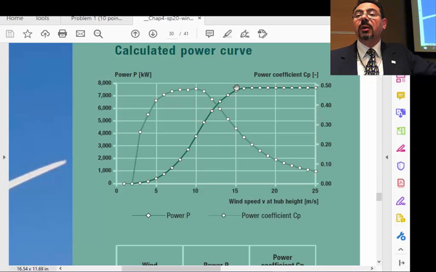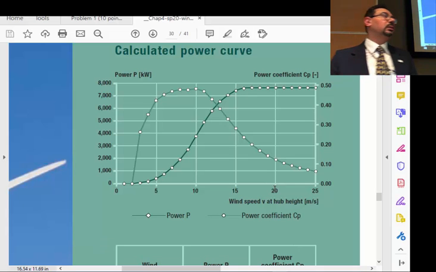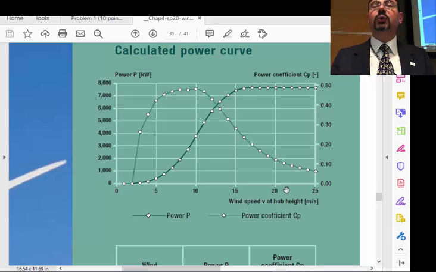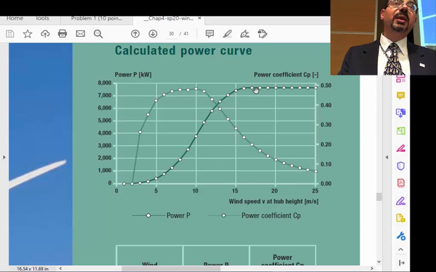And then once the power here is the rated power, what happens if the wind goes to 20 meter per second? The half rho A V cubed, the input power, is more and more between 15 and 20. But can I generate more than the 7.5 megawatt? Can I generate more than my rated power? No, I can't, right?